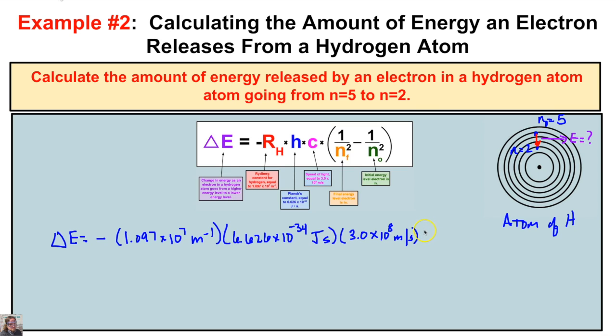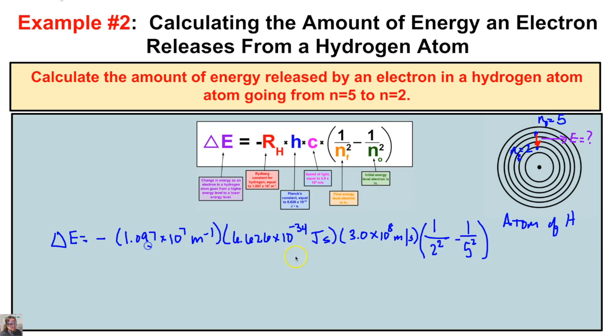And we're going to end up multiplying this all by 1 over the final principal energy level that this electron is going to end up with, which is the second principal energy level, so 2 squared, minus 1 over the initial principal energy level that this electron was in, which was the fifth principal energy level, and we're going to square that.